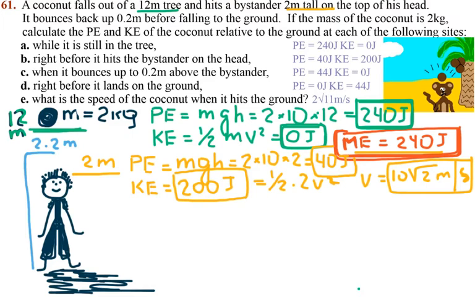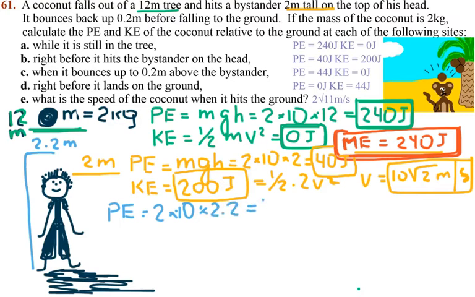And they ask you to calculate, when it rebounds 0.2 meters, the potential and kinetic energy. So the potential energy at that height is going to be the mass, g, and h is 2.2.